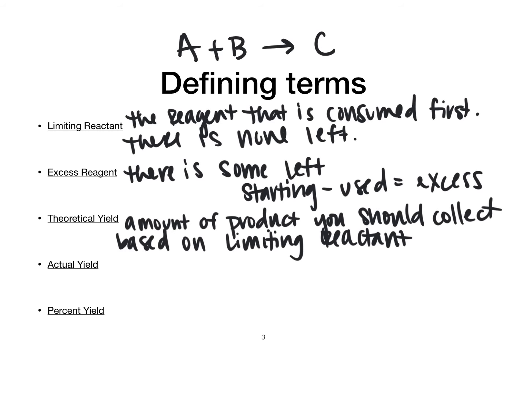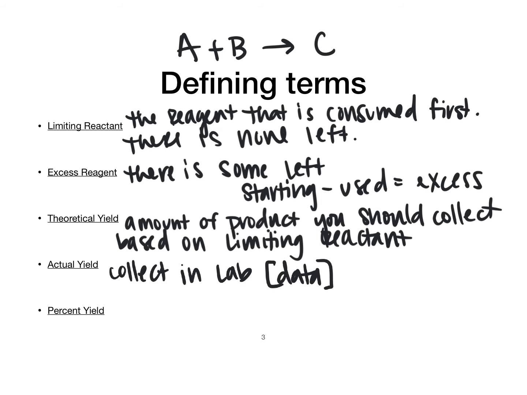So the actual yield is the data collected in the lab, or given in a problem. So this is data. You can't calculate the actual yield. Now, in an experiment, you would have to measure or weigh out your sample. And so the actual yield is what you actually collected.